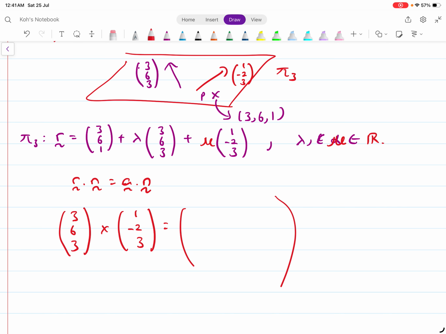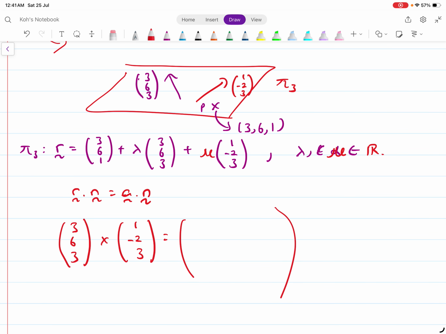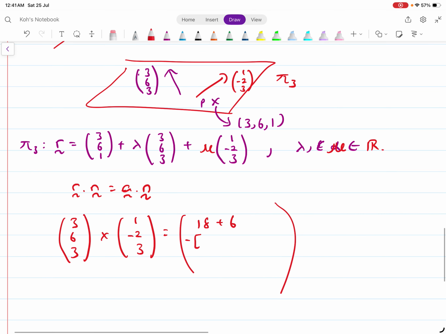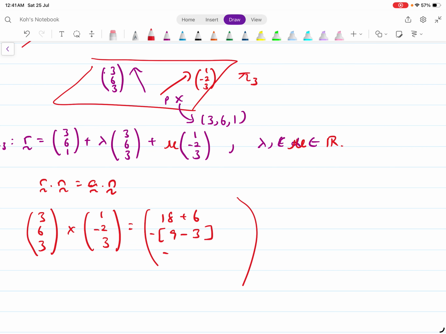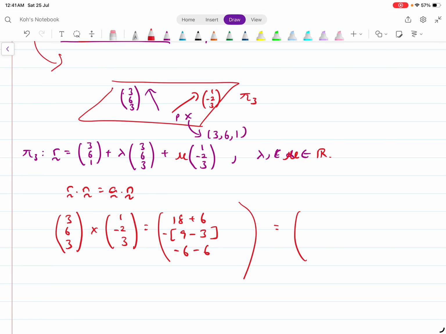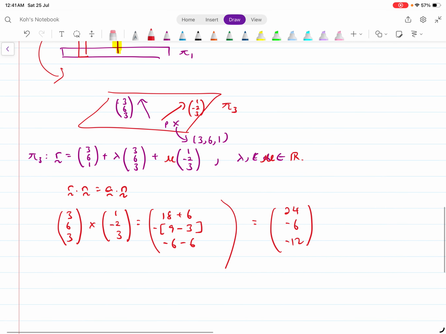First component: 18 minus -6, so it's 24. Second: 9 minus 3, which is 6, so negative 6 after the sign change. Last: -6 minus 6, which is -12. So n is (24, -6, -12). Of course, you can take out the 6 to make it simpler.